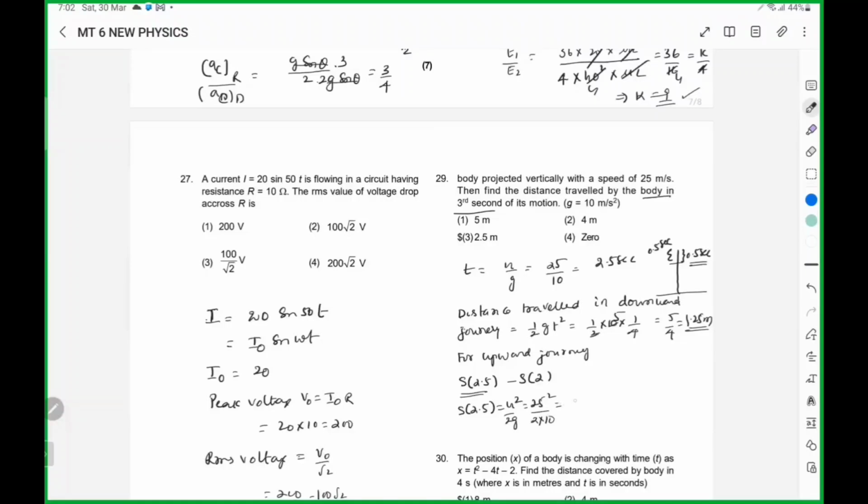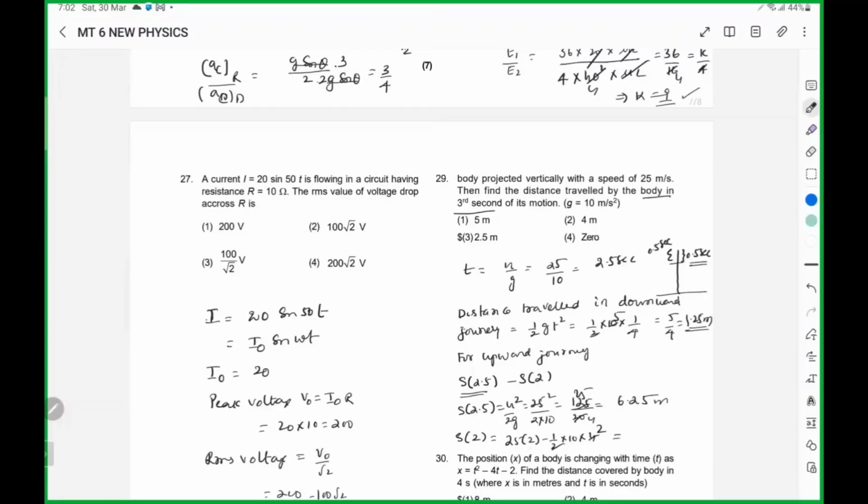So that is 125 by 20, 25 by 4, 6.25 meters. Distance traveled in 2 seconds will be ut minus half g t square.